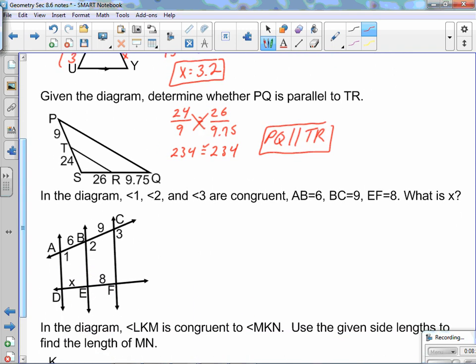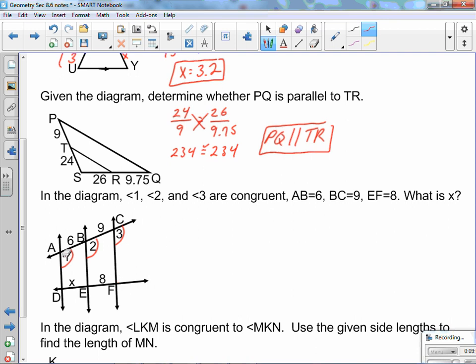Next one, in the diagram, angle 1, angle 2, and angle 3 are congruent. So all three of those angles are the same. What that's telling us is that since all these angles are on the same transversal and they're all in corresponding locations, since they're congruent, that means that line AD, line BE, and line CF are all parallel to each other because their corresponding angles are all congruent.